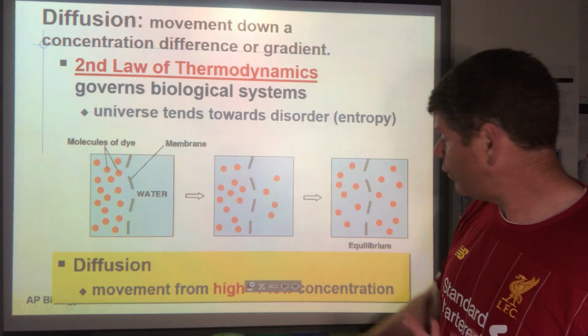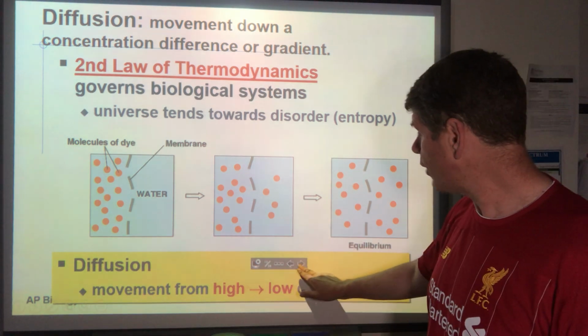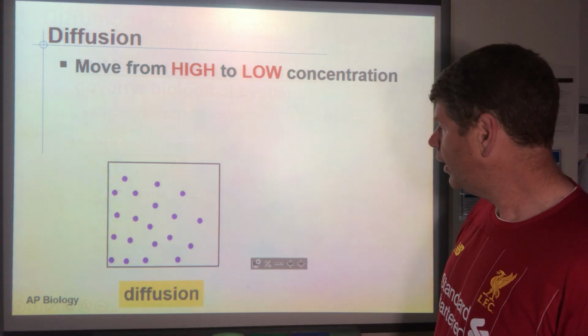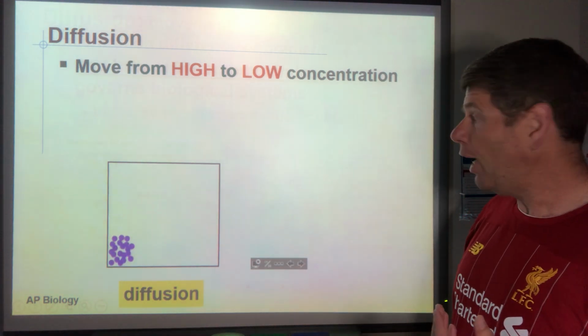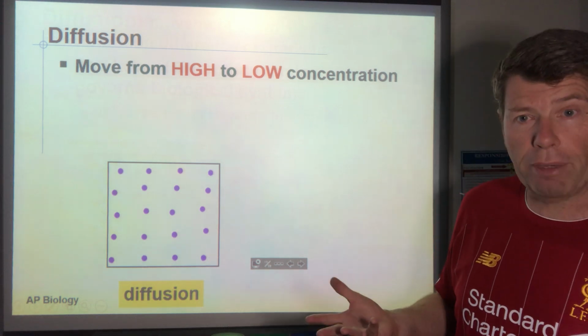Okay. So again, diffusion, its basic definition is movement from a high to a low concentration. Okay, there they go. And diffusion, guys, can happen. There doesn't need to be a membrane for diffusion to happen.